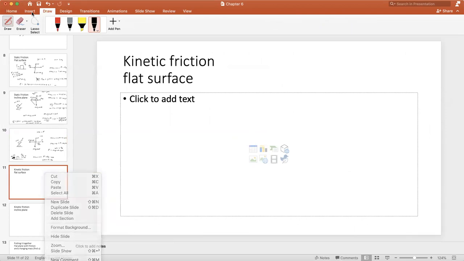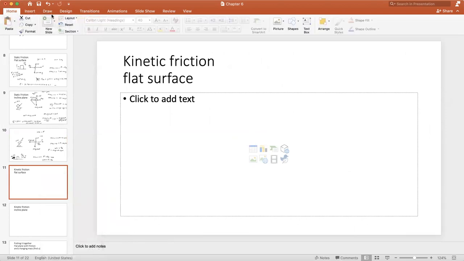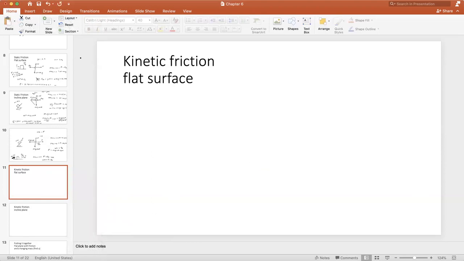We're now going to start talking about and do a bunch of problems on kinetic friction, which just means friction when we're sliding. And this is how we're going to use it 95% of the time. Let's say this block is being pulled by a force in this direction, and there's on the surface 0.3 coefficient of kinetic friction.